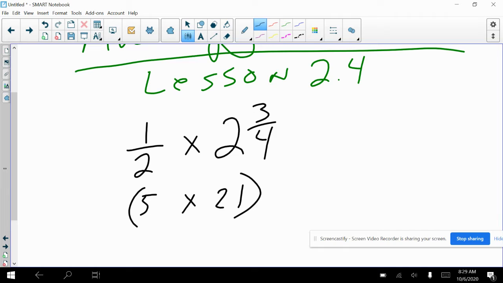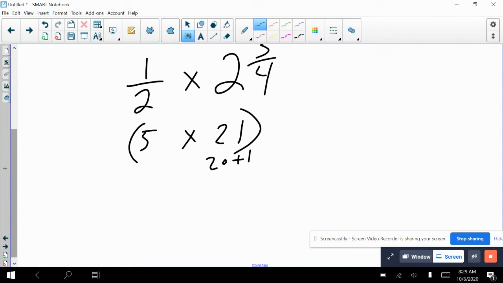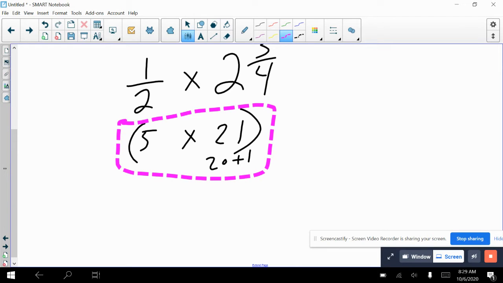Right? If we had 5 times 21, which one would you break up? The 21, right? You would break that up into 20 plus 1. Okay, just so that you can see a visual there. So we're working on the top one. So we're going to break up the 2 and the 3/4.